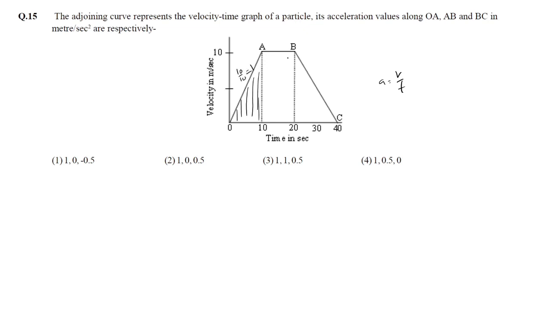Okay, and for this line AB the slope will be 0. Okay, and for this line BC the slope is minus 10 by 20, that is minus 0.5.